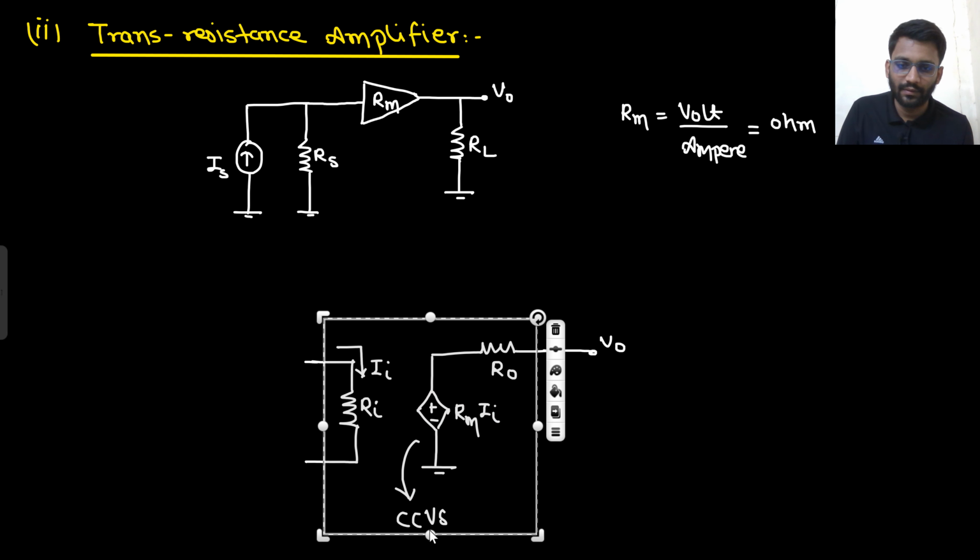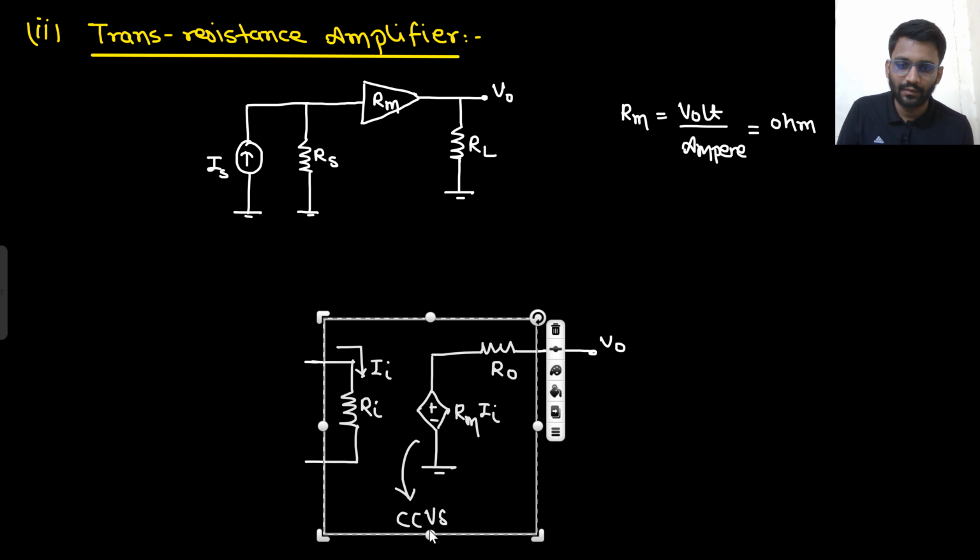What will be your V naught by Is? V naught by Is is Rm and then RL Rs upon RL plus R naught into Rs plus Ri. This is your V naught by Is. So this is your final gain.